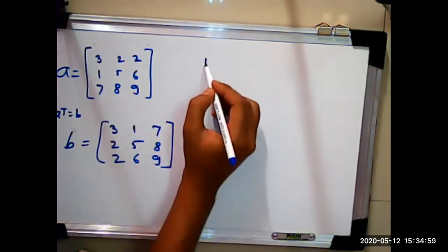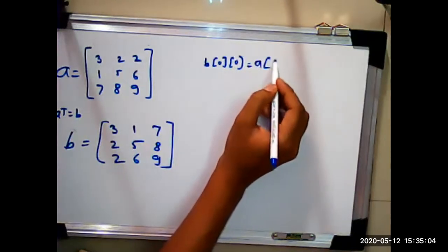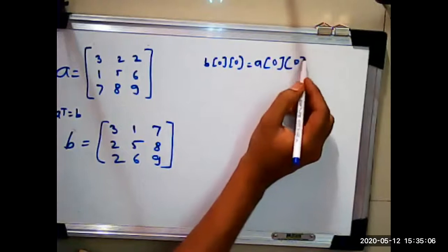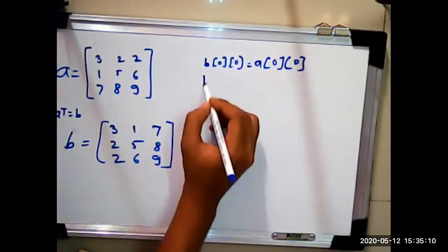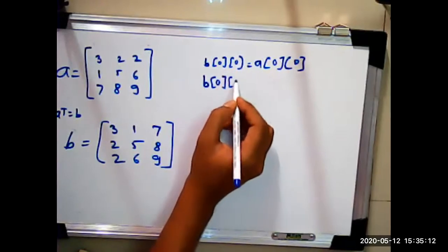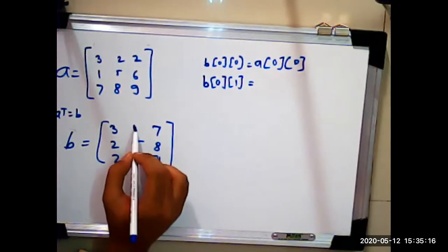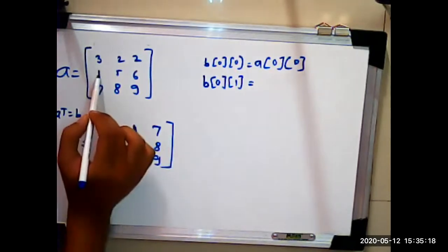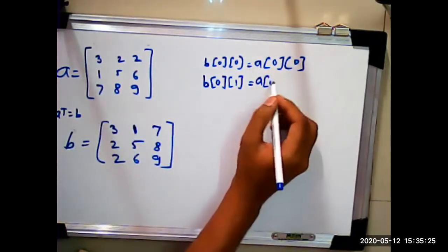So B of 0 0 is equal to A of 0 0. It is the same, but what is this B of 0 1? To get this one you have to read this one, so 1, so it is A of 1 0.